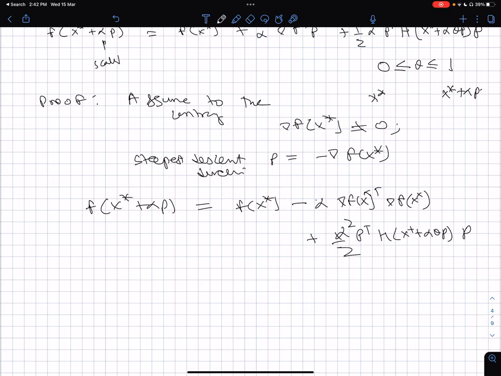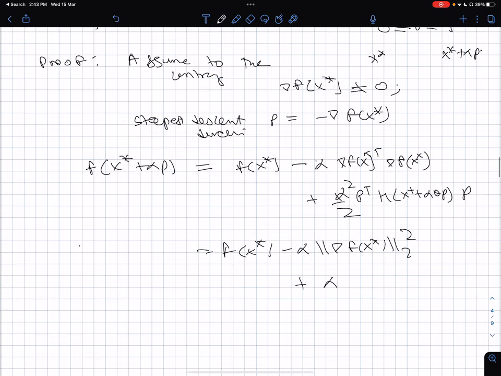So this term here is essentially nothing but minus alpha times the square of the second norm of the gradient, plus alpha square by 2 p transpose h of x star plus alpha theta p times p.